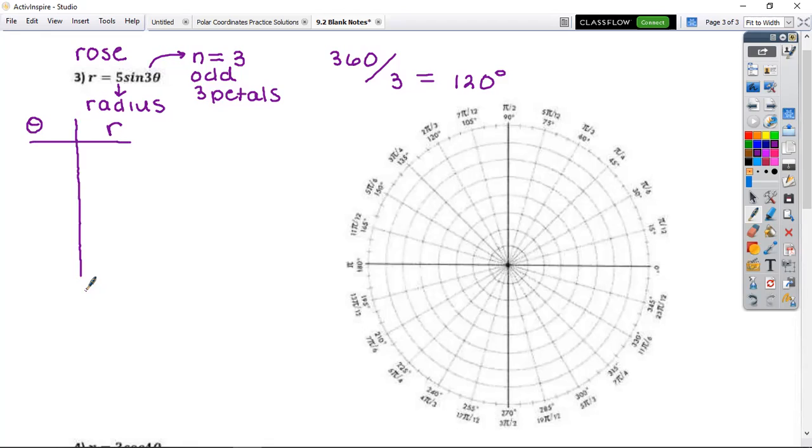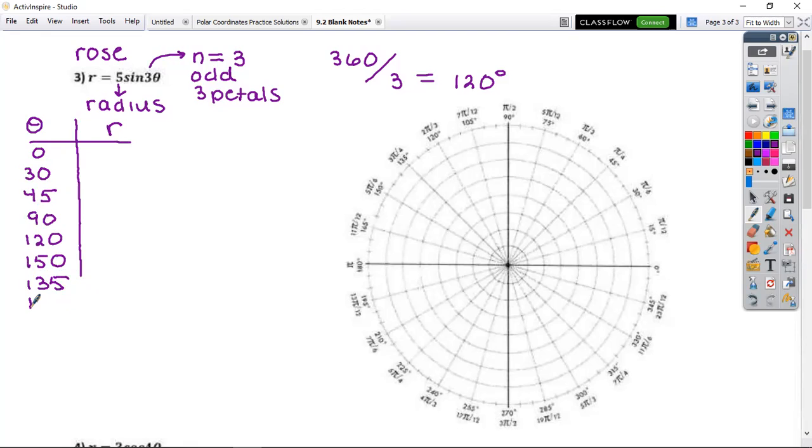Okay, so I'm going to do pretty much the same ones as before. 0 degrees, 30 degrees, and 45 degrees, followed by 90 degrees, 120. Just picking a bunch here. I'm going to go 150. I'm going to go 135. I realize that's out of order. I apologize.